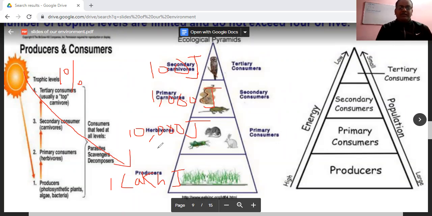But student, can you tell me why this decrease of energy is there at each trophic level? Into which processes is this energy lost? Can you say why the energy loss is occurring during this process? Okay, through the chat box, you give me the reply.